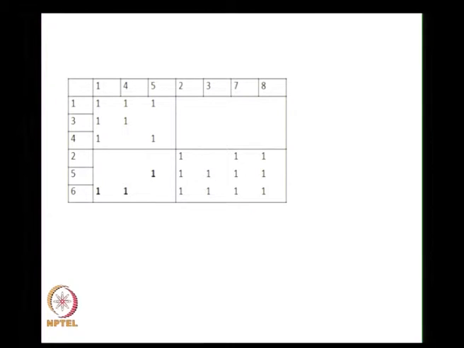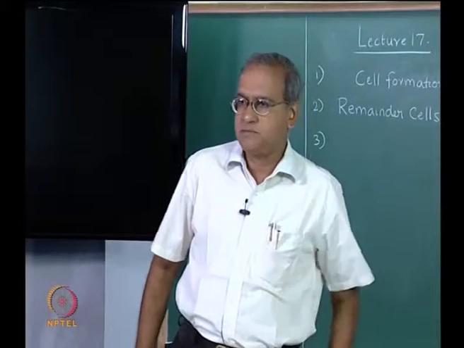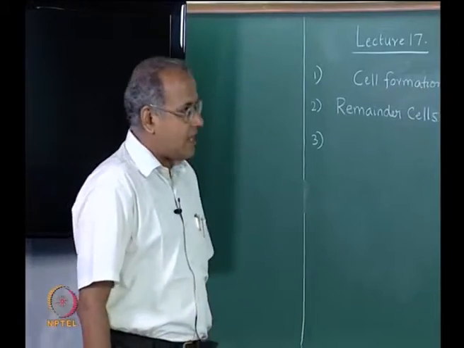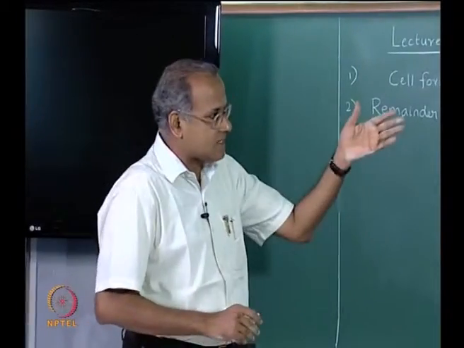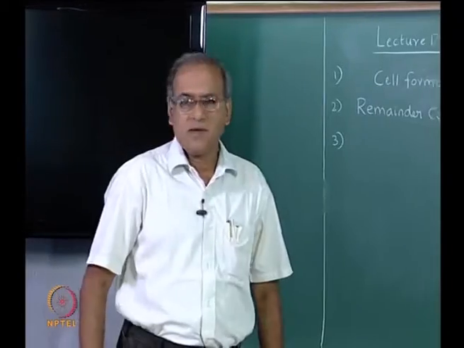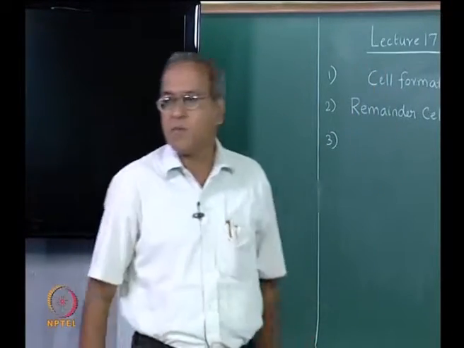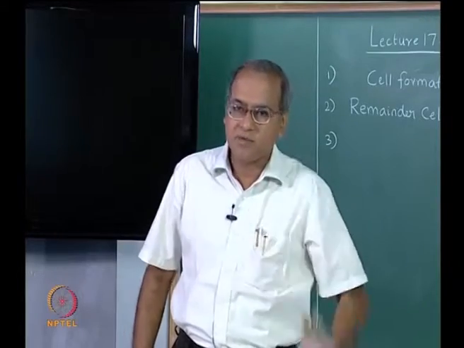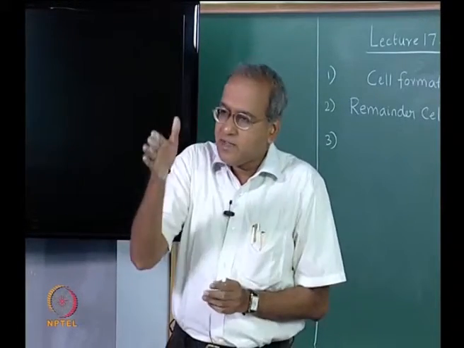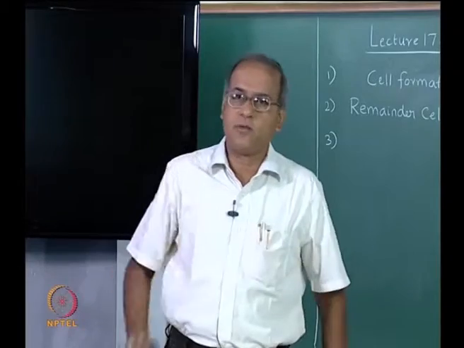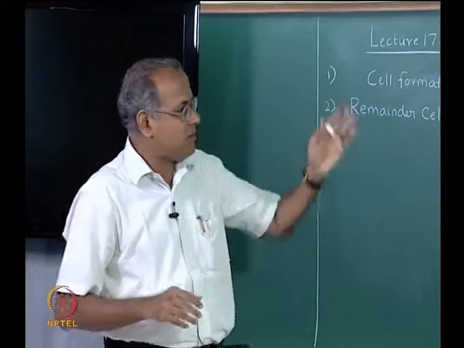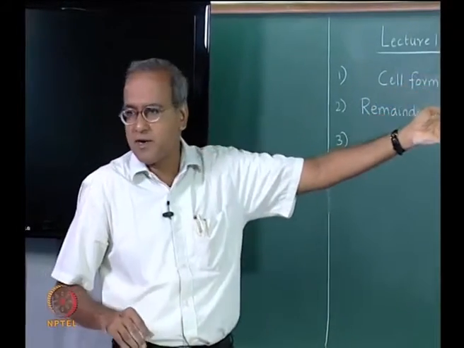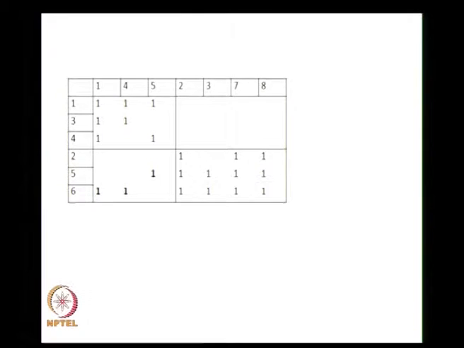There are 2 cells in this solution. Now, if we introduce a 9th part, represented as column number 9, and it is identical to column number 1, including it in the cell formation would automatically put part number 9 along with 1, 4 and 5, because it is identical.